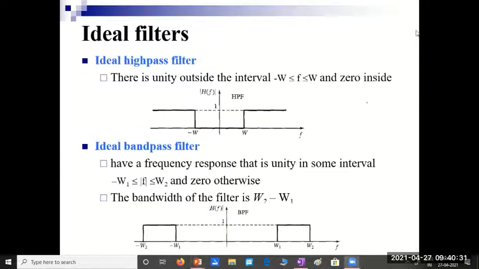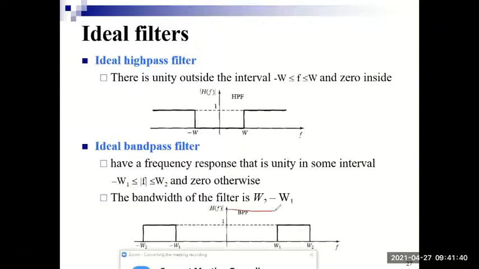It will pass all the signals except the signals in a specified band of frequencies.